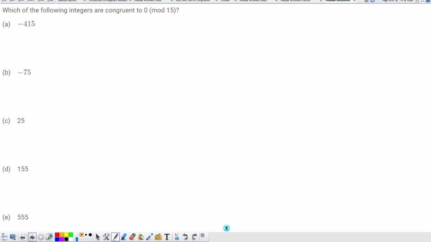If we write out the work for 415, to check that this is true, we have to establish that (415 minus 0) over 15 is a whole number.